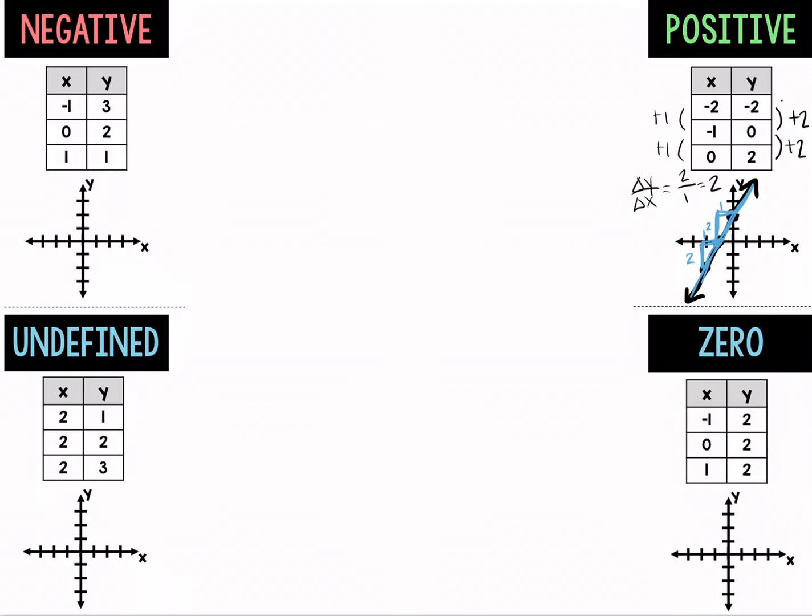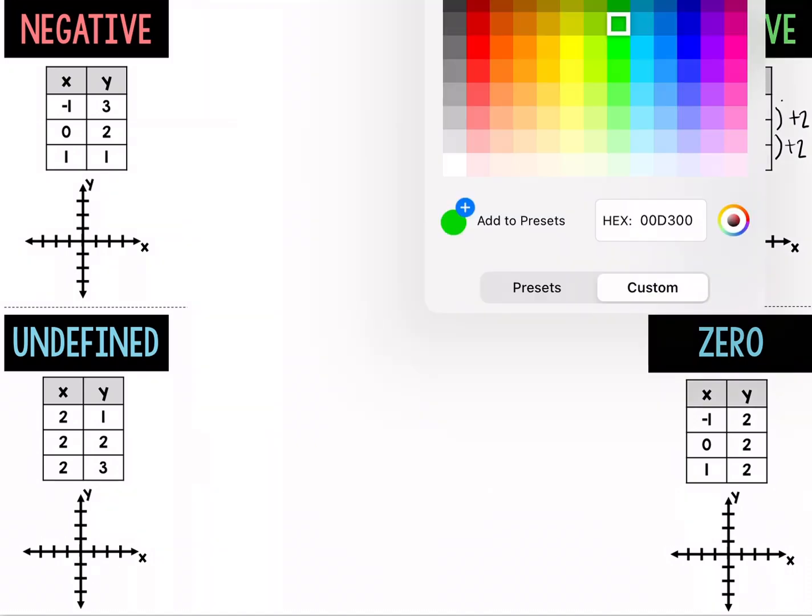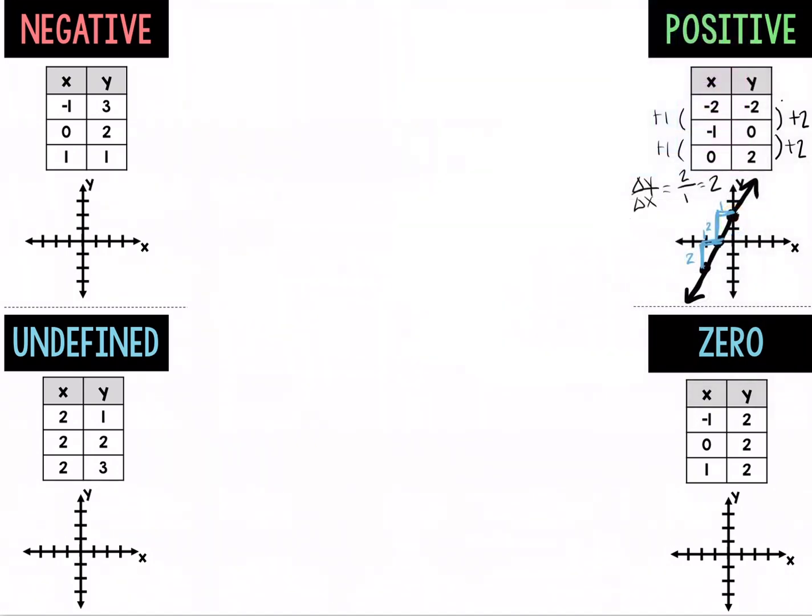Okay, so now let's look at negative slope. Negative slope means the line is going to be decreasing. So first things first, let's look at the table. How am I going from 3 to 2? I'm subtracting 1. I'm going from 2 to 1, I'm subtracting 1.